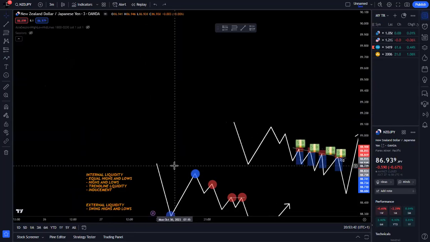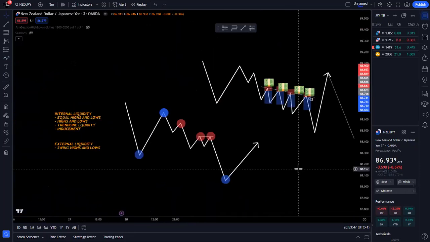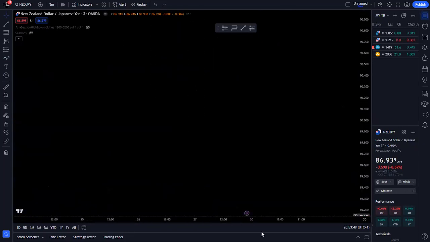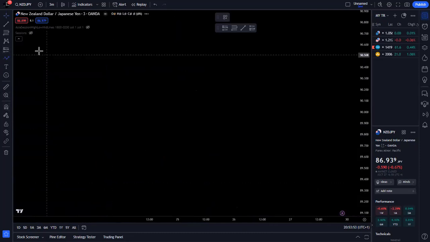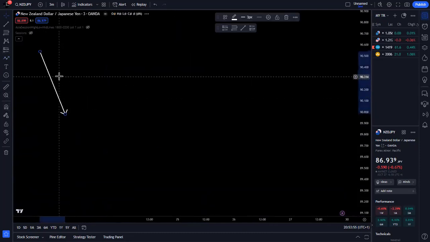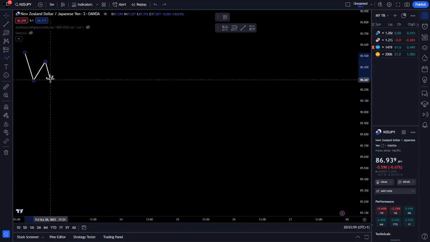So I want to explain to you guys the concept of buy side and sell side liquidity. We have what is called buy side and sell side liquidity.